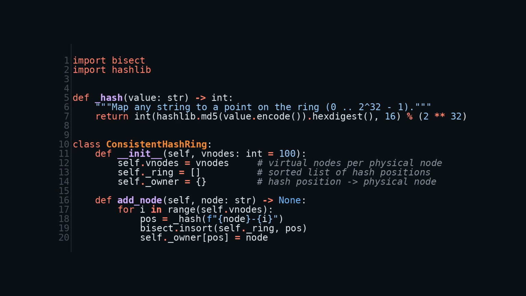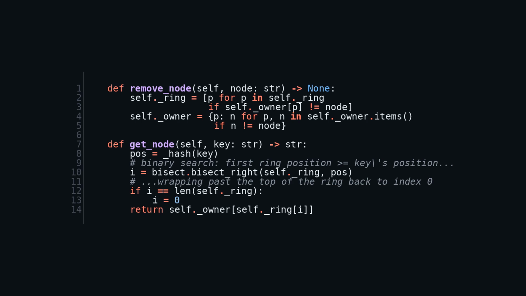That's the entire rule. Removing a node just filters its positions out, and the clockwise walk, the heart of the whole algorithm, is these two lines. A binary search, find the first ring position greater than or equal to the key's hash, and if you fall off the end of the list, wrap back to index 0. That wraparound is the circle.